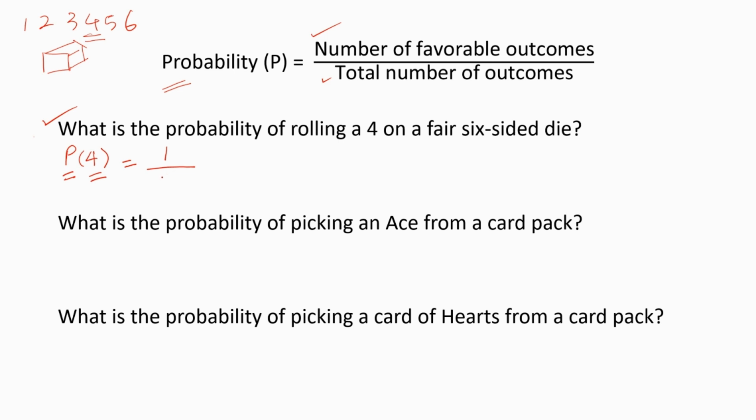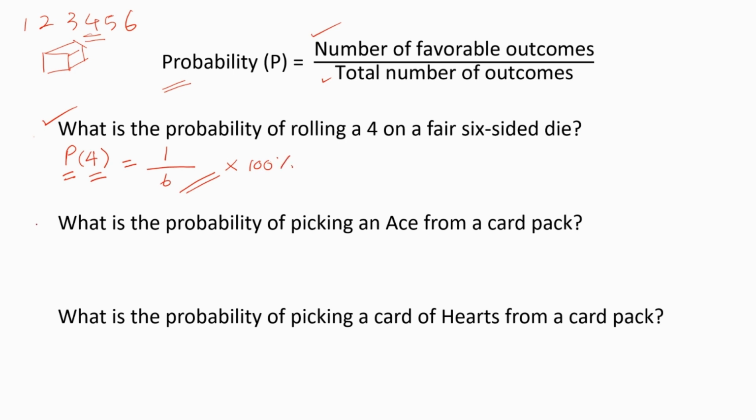What are the total number of outcomes for a six-sided die? There are six sides. So the total number of outcomes for this experiment is 6. So this is the probability of rolling a 4 on a six-sided die. If we want to convert this probability into a percentage value, we can simply multiply this probability by 100%.